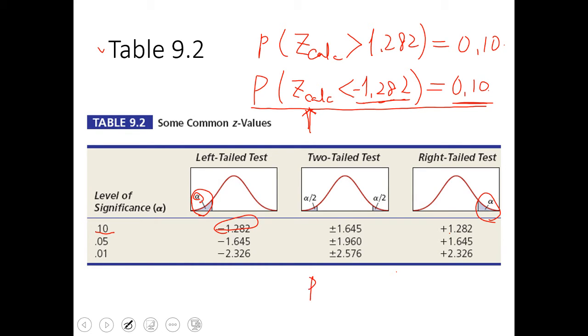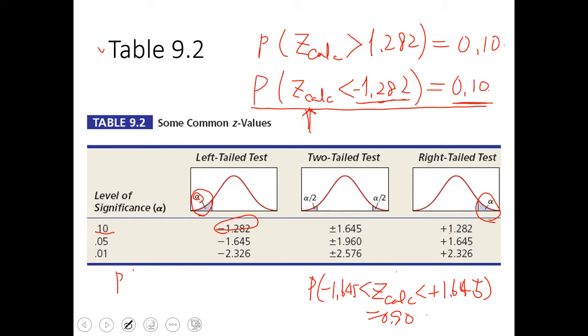And the probability that our z statistic is between minus 1.645 and plus 1.645 is 90%, 0.90.